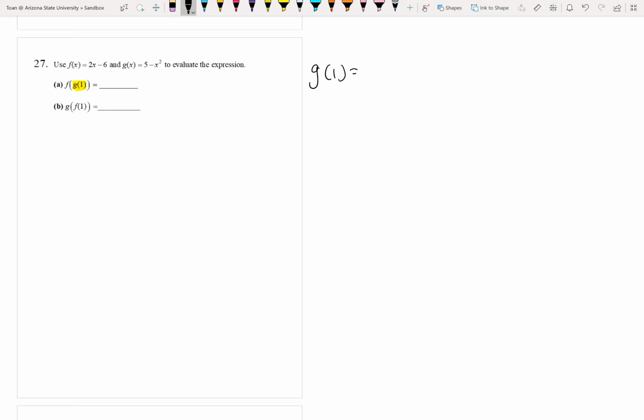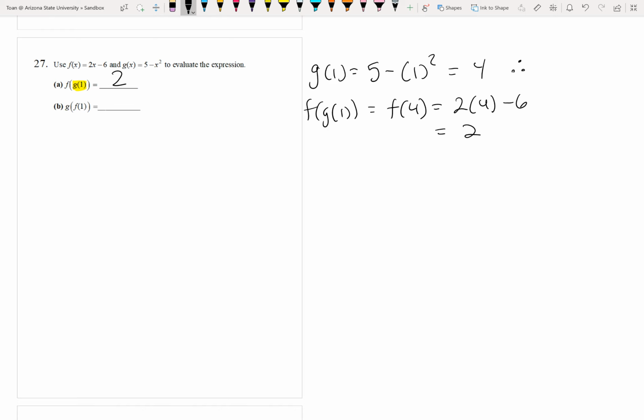G of 1 is, using the g function here, 5 minus 1 squared, which gives me a 4. Therefore, f of g of 1 is just f of 4. Then you take the f function, and wherever you see an x, plug in a 4. That's 2 times 4 minus 6, which is 8 minus 6, which is 2. So the answer should have been 2.